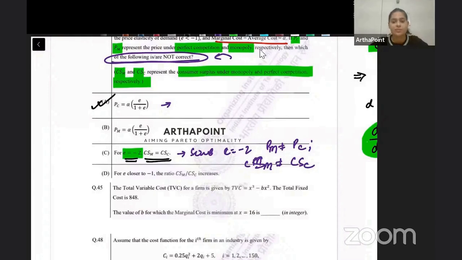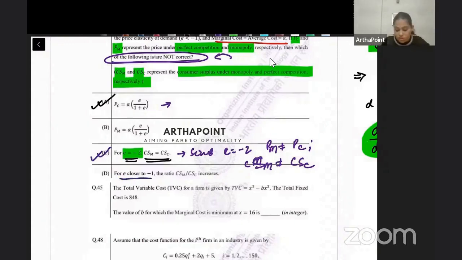Okay, great, fine. So at E equal to -2, what we saw is that these two are not equal. When prices are not equal, consumer surpluses cannot be. So this is incorrect. Now come to the last statement.